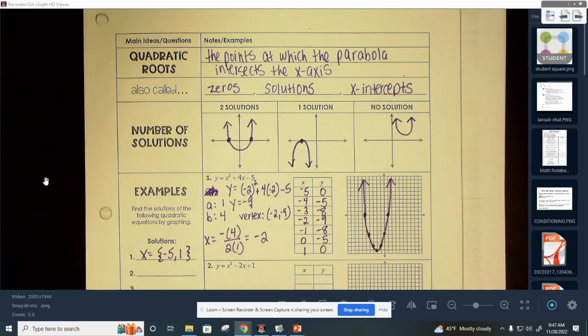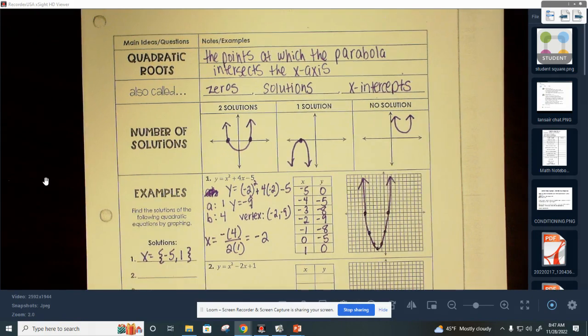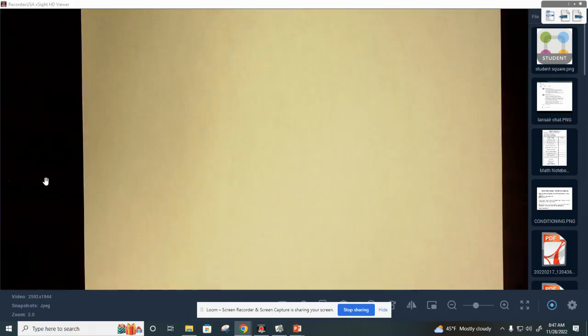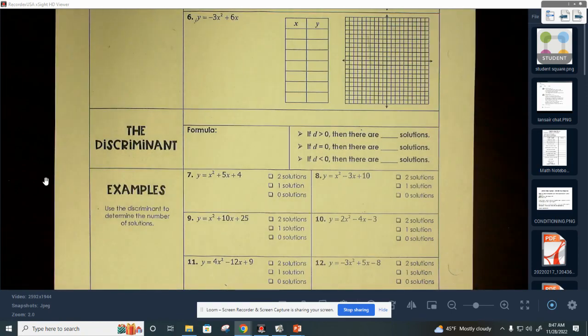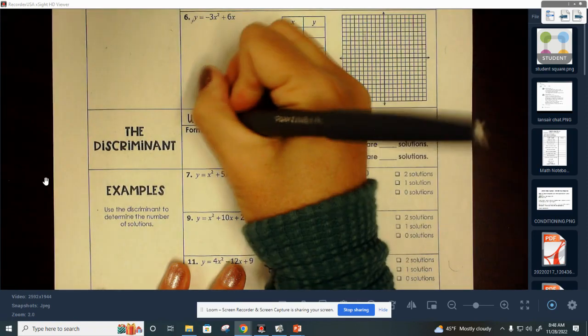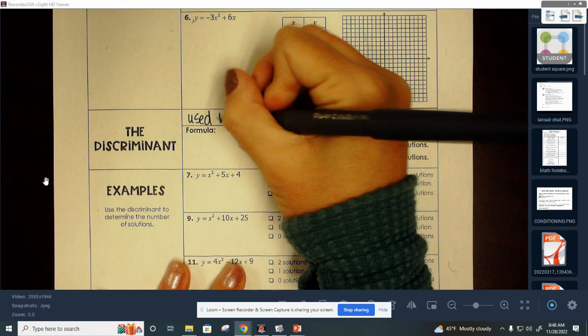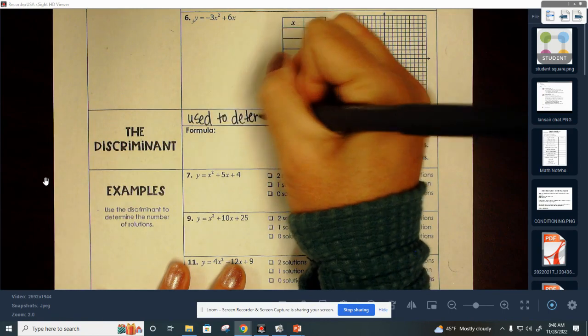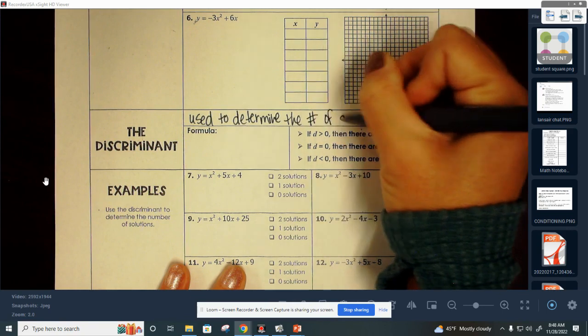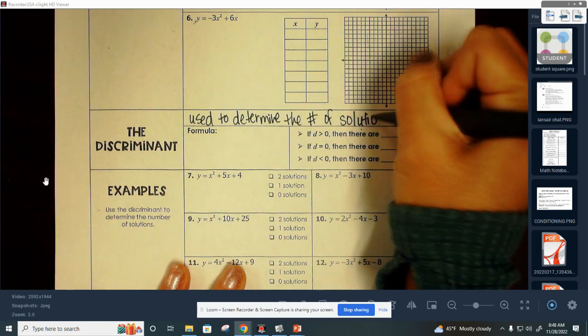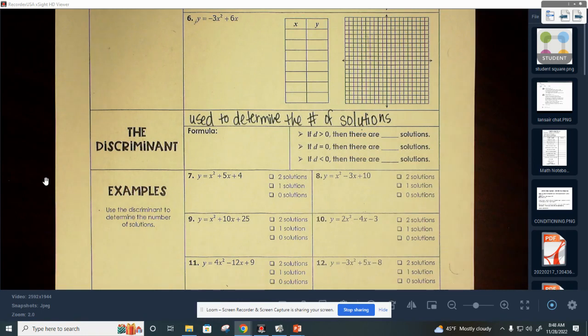Now the next thing we're going to look at, I'm only going to do one of those, is the discriminant. The discriminant is used to determine the number of solutions. So let's say we have a quadratic equation and we don't want to graph it, but we want to know, well, how many solutions does it have?